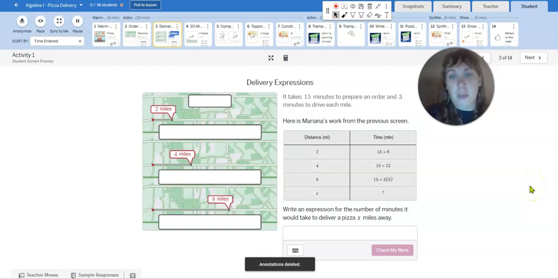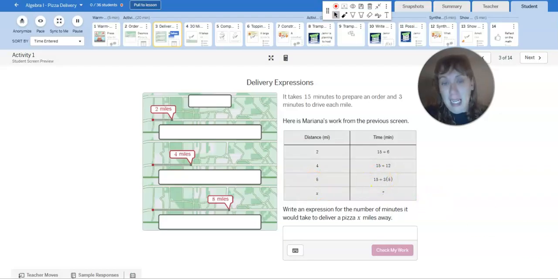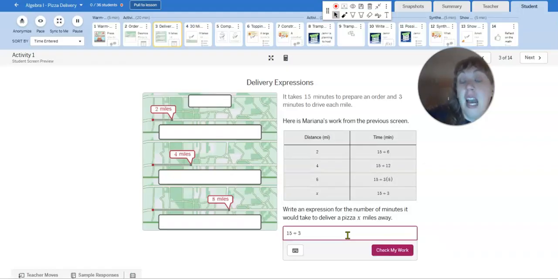It takes 15 minutes to prepare an order and 3 minutes to drive each mile. Here's Mariana's work from the previous screen. 15 plus 6, 15 plus 12, 15 plus 3 times 8. Write an expression for the number of minutes it would take to deliver a pizza x miles away. So each time we did the same thing. We started with 15 and we added 3 times the number of miles.